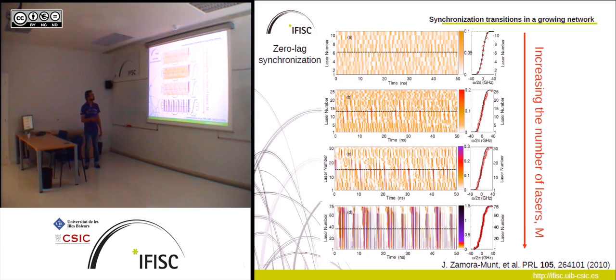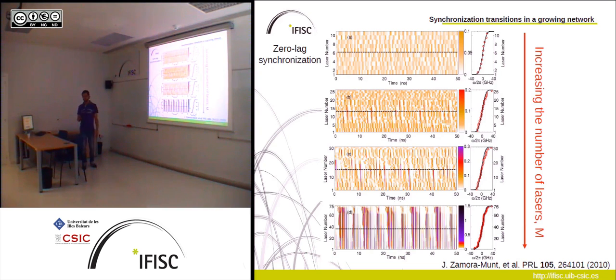Those lasers are not synchronized except at some point, but when we keep increasing this number of lasers, we go to 30, the size of these clusters, these synchronized oscillators, become larger and larger, and for a large enough number of lasers, most of them are synchronized.